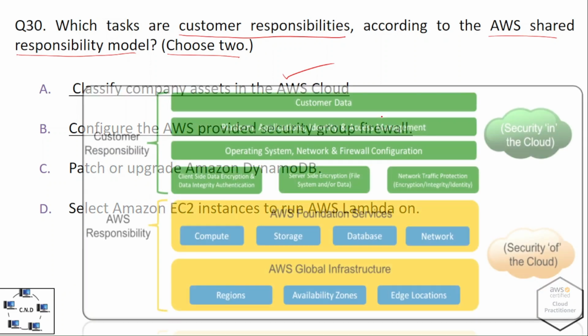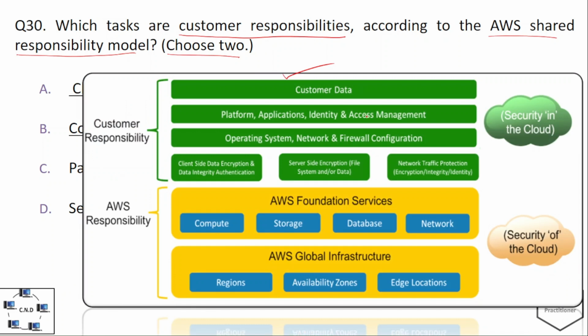So let me show you the visual representation of the shared responsibility model. The green parts are basically the customer responsibility. It includes the firewall configuration, as was asked in the question.